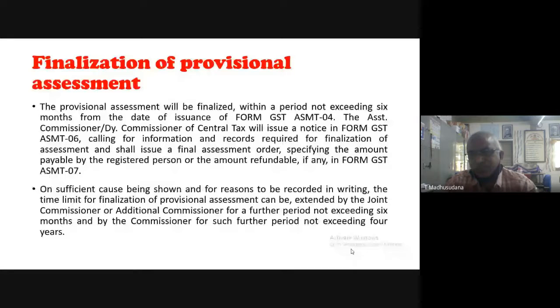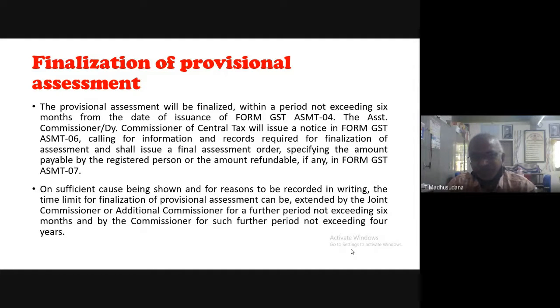The next step in the provisional assessment is finalization of provisional assessment. Finalization means whatever tax is calculated by the GST department up to this stage is provisional. That means a temporary tax liability, but it is not final. The final assessment process will start after some time.